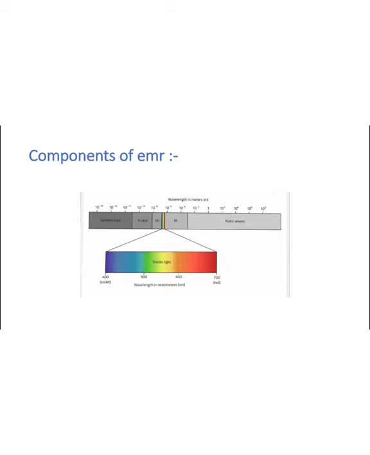First we look at violet color to red color in this region, and when we move from left to right, wavelength increases and energy or frequency decreases, because wavelength and energy are inversely proportional, and frequency and energy are directly proportional.